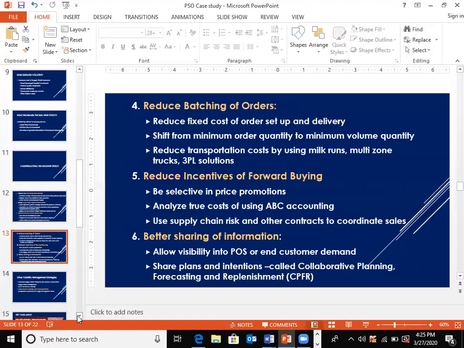It's a lot smarter to reduce batching. If there are orders that are coming in, could be smaller, could be larger, you try and fulfill those orders, and so you shift from a minimum order quantity to more of a minimum volume quantity.